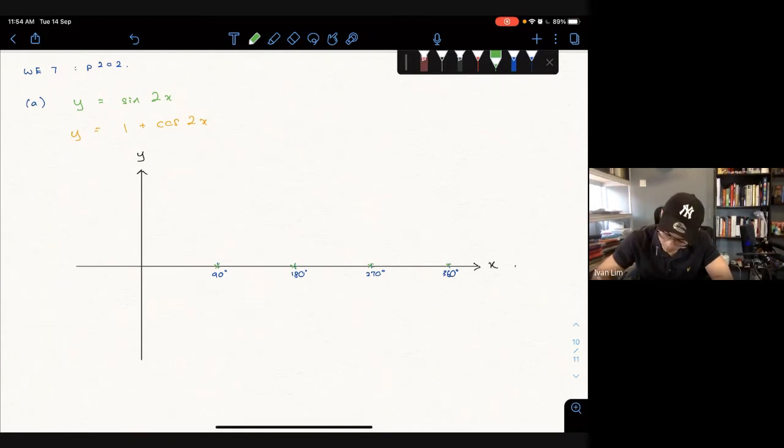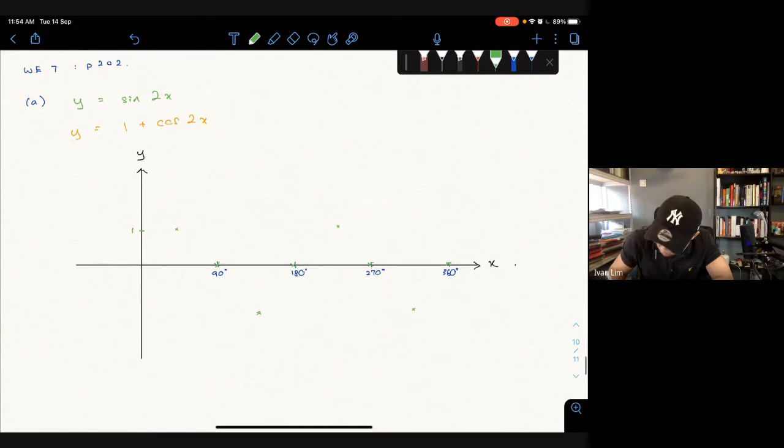They will go up here, go down. Up. Down. Okay, 1 and -1. Okay, so sine graph.